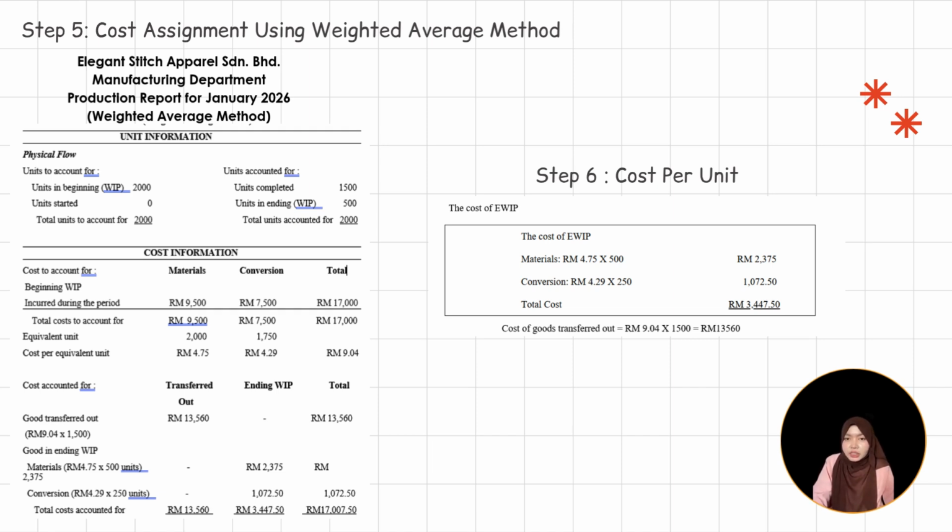Combine this to give us a total ending WIP cost of 3,447.50 ringgit. To wrap up, when we combine the cost of good transfer out and the total ending WIP cost, our total cost accounted for come to 70,007.50 ringgit. This match our total cost to account for, which just a minor rounding difference, proving that our process costing report is fully reconciled.